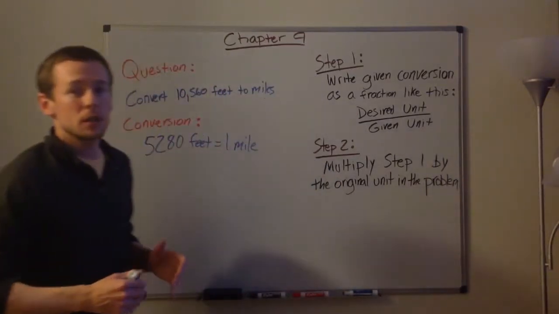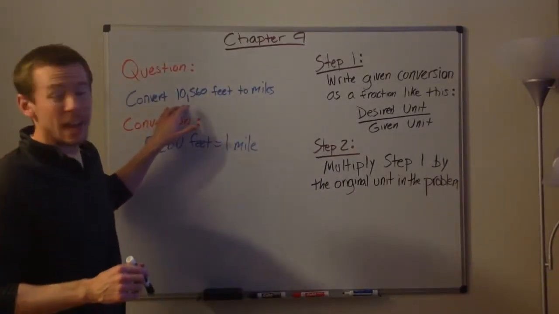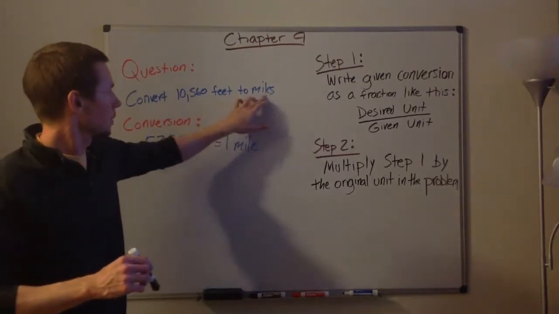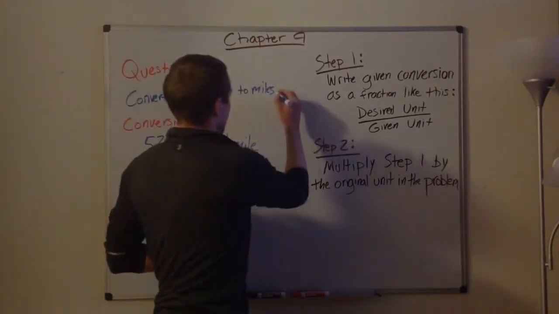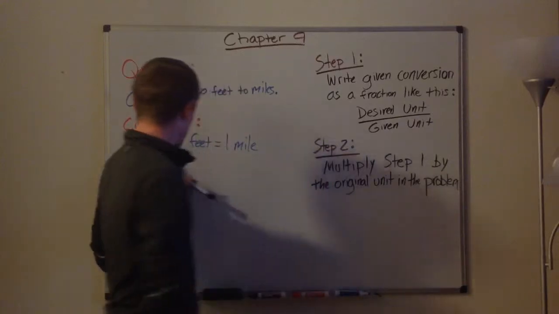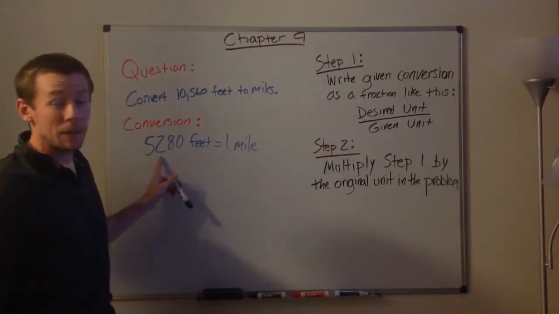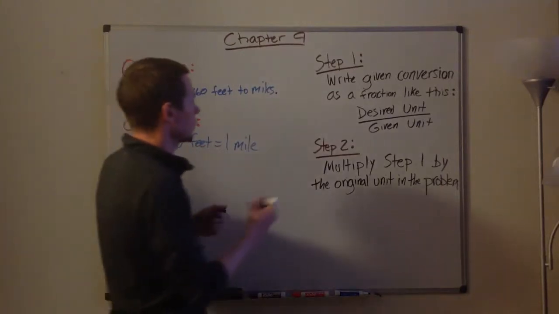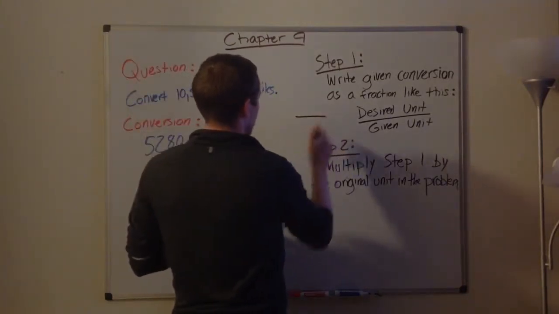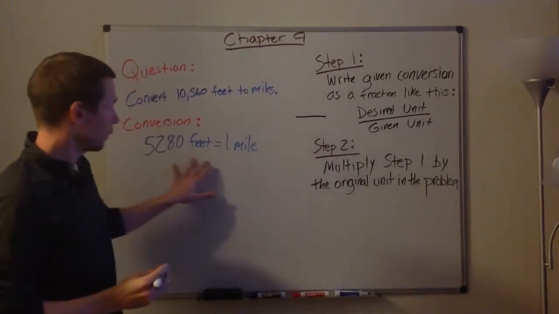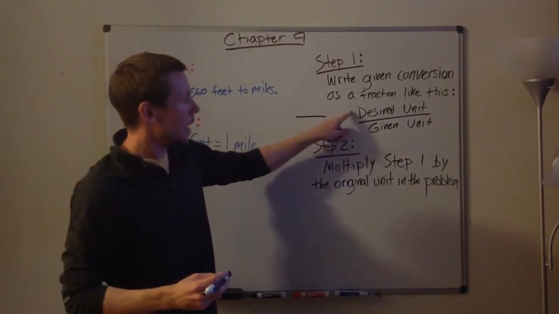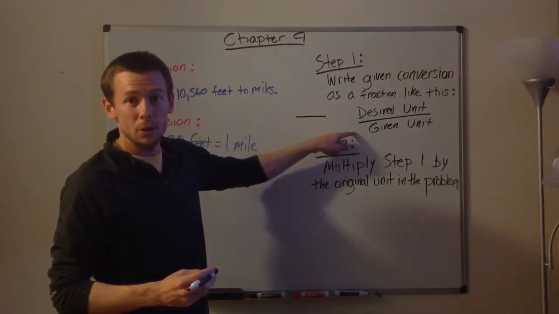Okay, so let's look at another example. Convert 10,560 feet to miles. And the conversion is that there are 5,280 feet in 1 mile. So first, let's write our conversion as a fraction with the desired unit on top and the given unit on bottom.